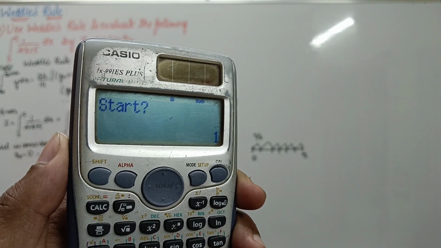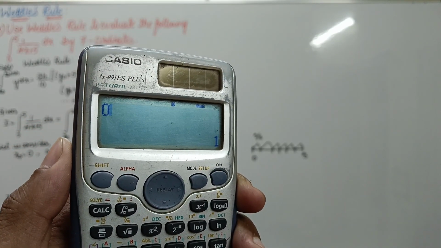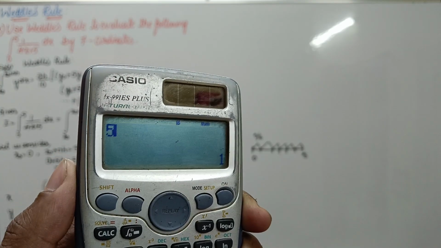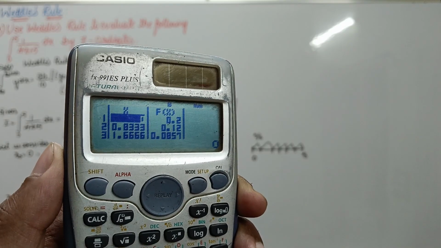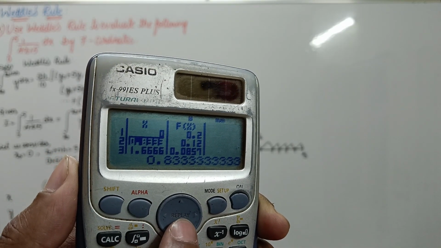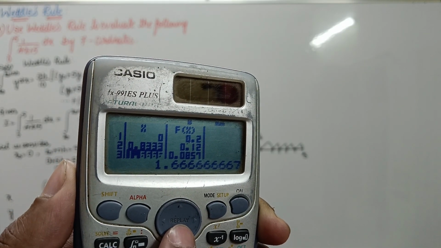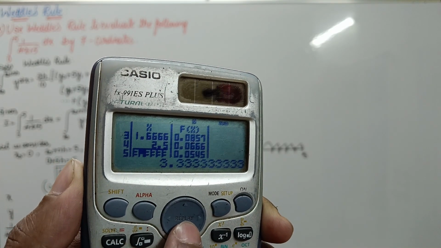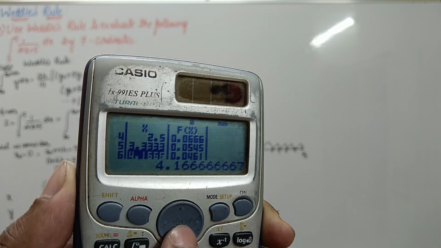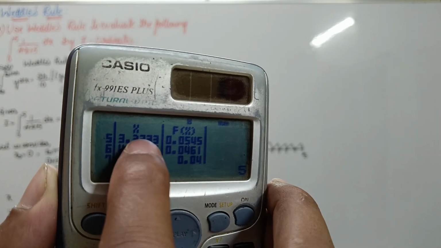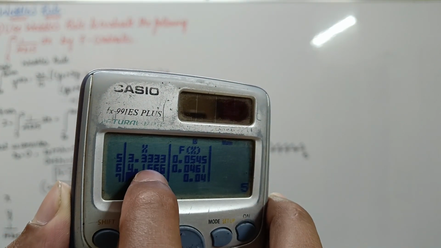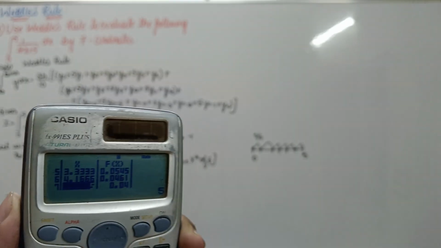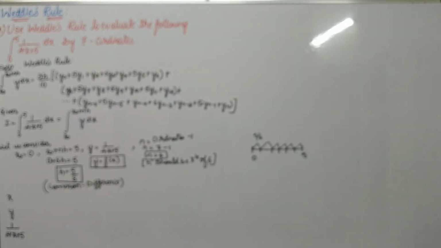Press equals, start 0, end 5, and the step should be 5 divided by 6. You get the values: 0, 0.833, 1.666, 2.5, 3.333, 4.166, 5. This is the interval. Corresponding to this interval, we have got the function value, that is f of x or y. Let us represent.